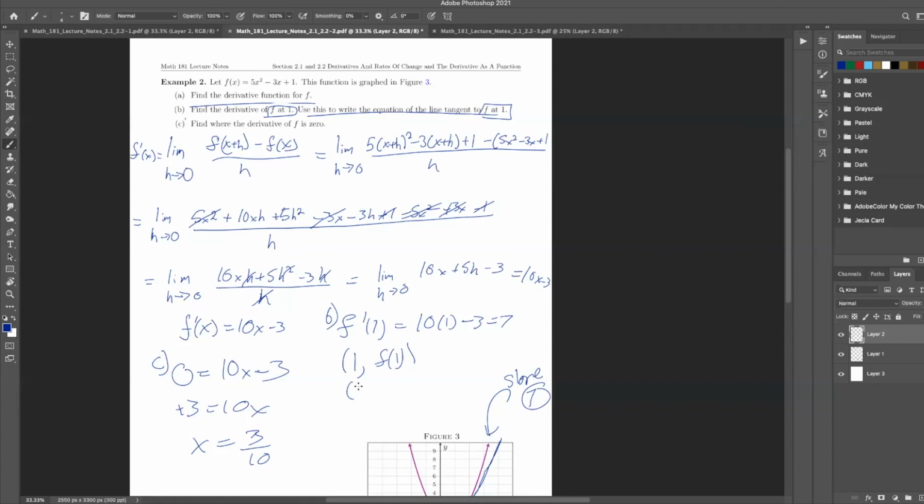And so this is just the point (1, 3). So here I have a point, I have a slope. So m equals 7, and here you can just use y minus y1 equals m times x minus x1 to determine this line. Well, I'll actually calculate it with you next time. So let's go ahead and do the next one.